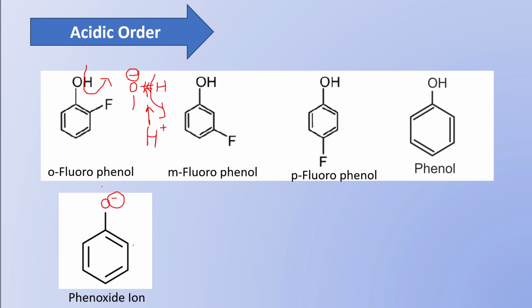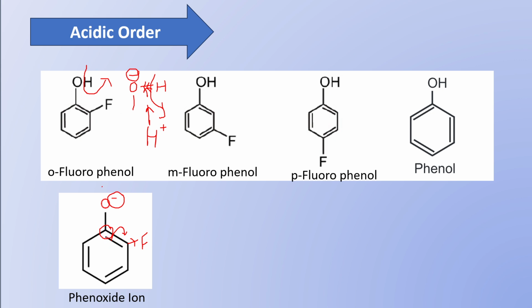Okay, so for that purpose, when we attach a fluorine, let's say over here, as we know, fluorine is very highly electronegative. So what it is going to do is pull the electron from the benzene ring over here. So as it pulls the electron from the benzene ring, at this position there is going to be a lack of electron, because carbon makes four bonds, right?